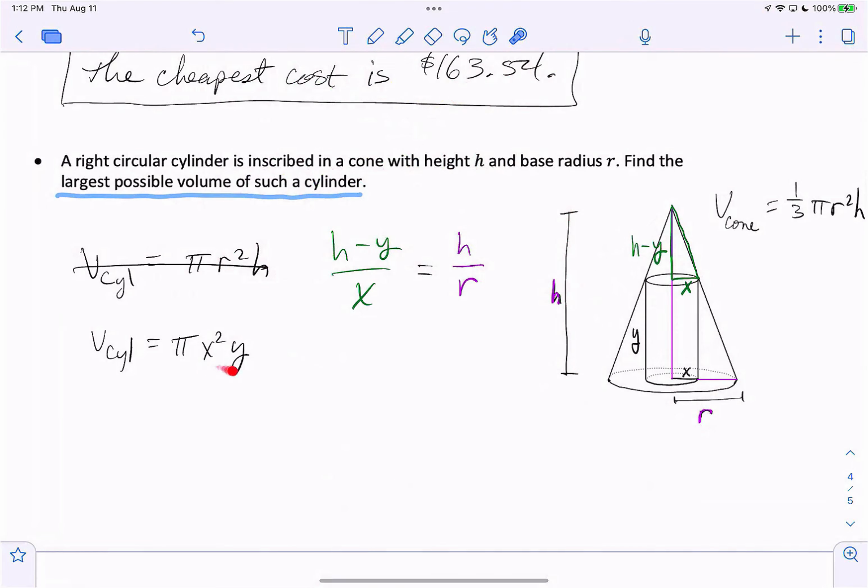Now I said we were probably going to solve for y, but looking at this, it's probably going to be easier to solve for x. So let's go ahead and do that. x is going to be equal to r times the quantity h minus y divided by h. Now I'm thinking ahead though. Remember, once I have everything in terms only of one variable, I'm going to differentiate.